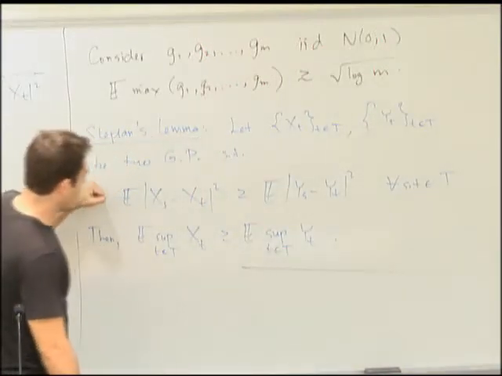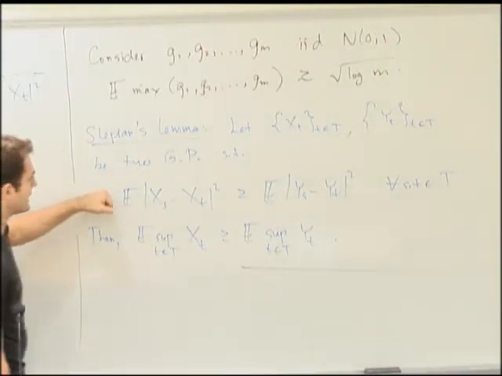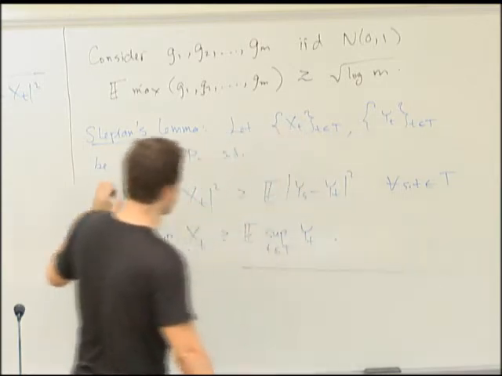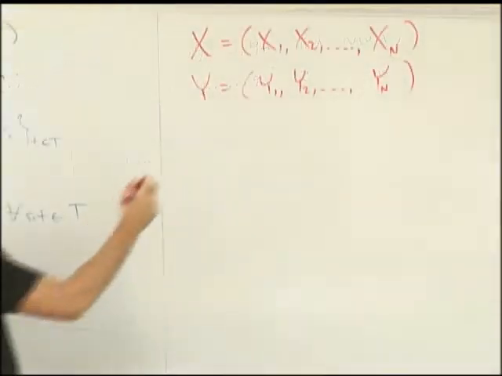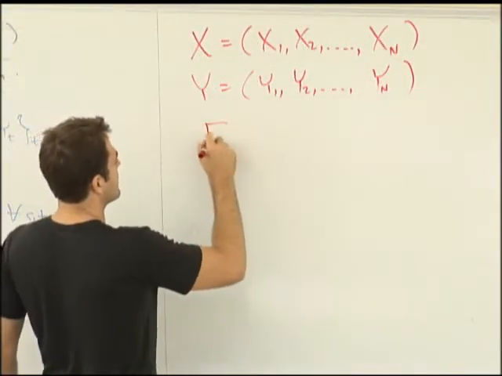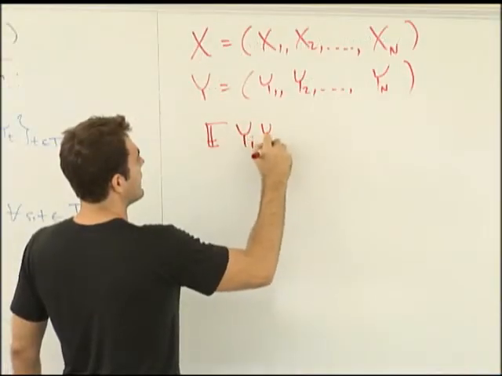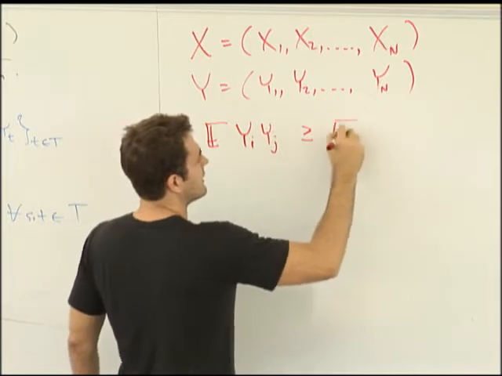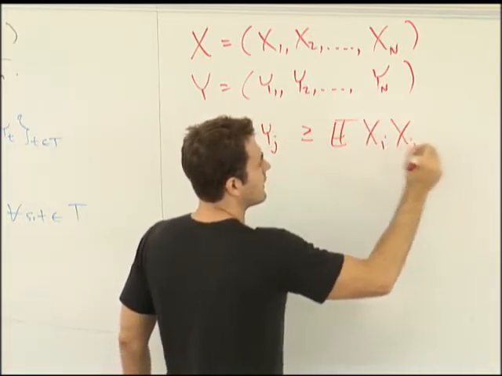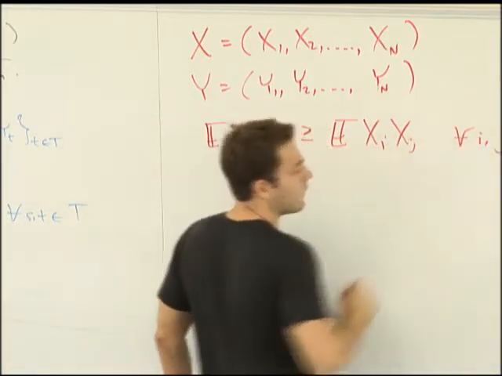And let's just rewrite our assumption in a slightly different form. So I'm going to almost prove this in full generality. Here's the assumption I'm going to make: that the expected value of yi yj is at least the expected value of xi xj for all i and j.